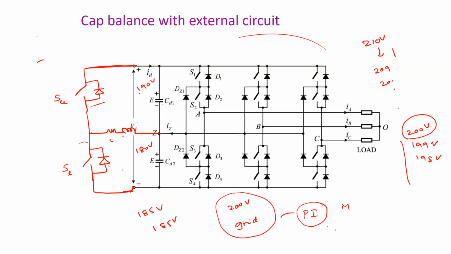Okay, so now the PI controller will play a role. When it's less than the reference value, there is no job for this additional circuit. In that case, it must be drawn from the grid, right? The capacitor must be drawn from the grid.